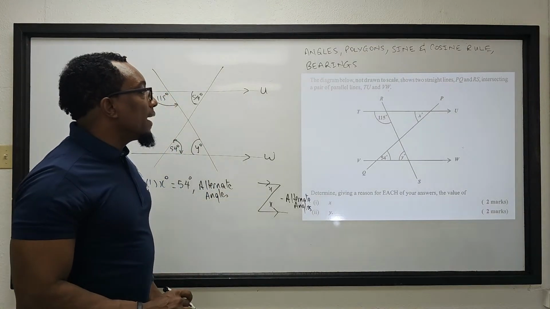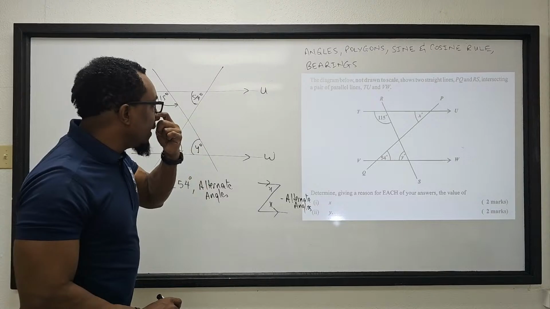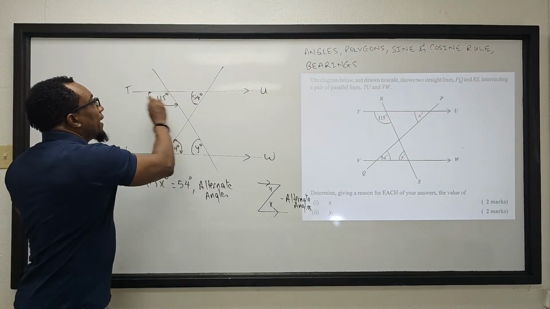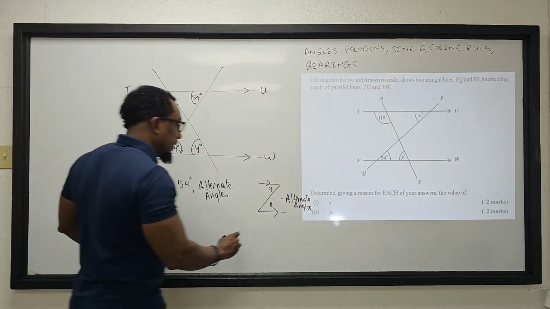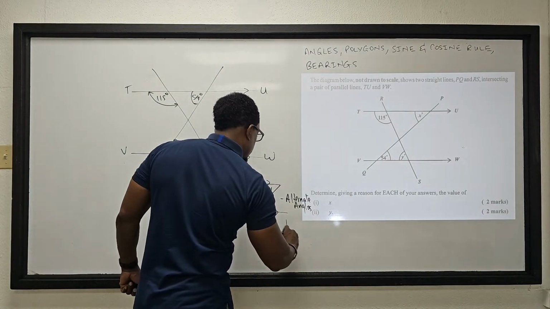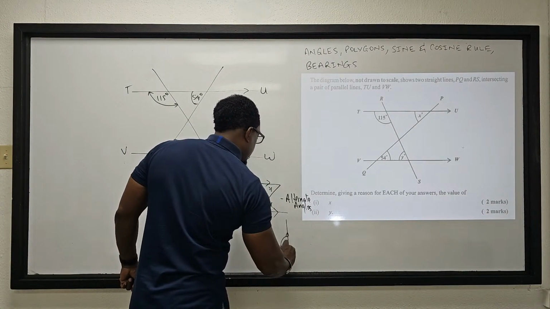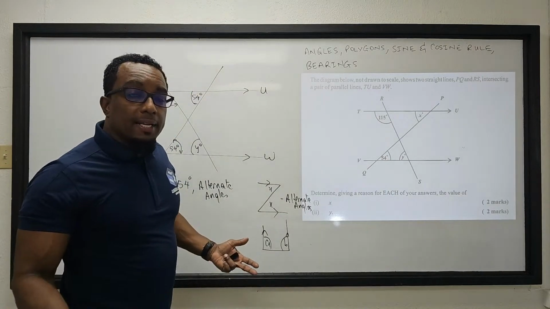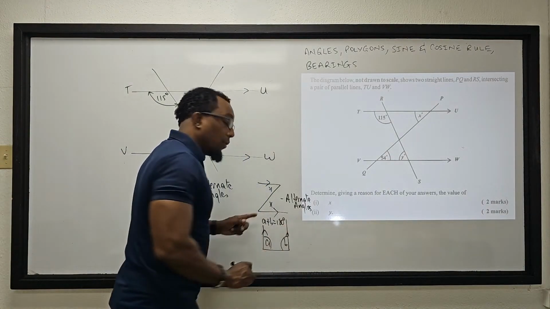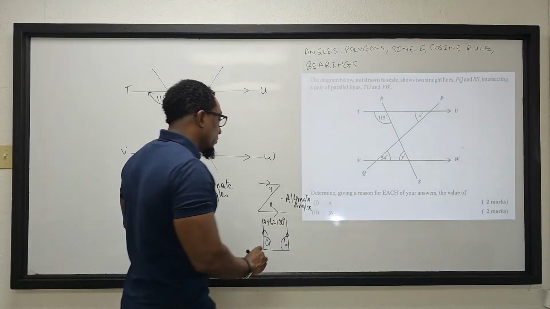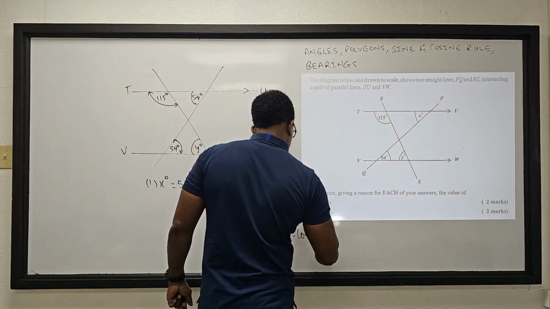And now let's find y. So this is y here. To find y again, we have two parallel lines. And what I'm seeing there is a box shape. If that's A, that's B, then when you add A and B, it must give 180. If you know one, you can find the other, and these are known as co-interior angles.